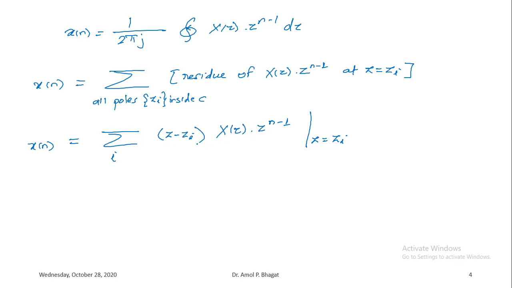The summation will be evaluated for all values of z equals zi. These zi's are nothing but the values of poles.